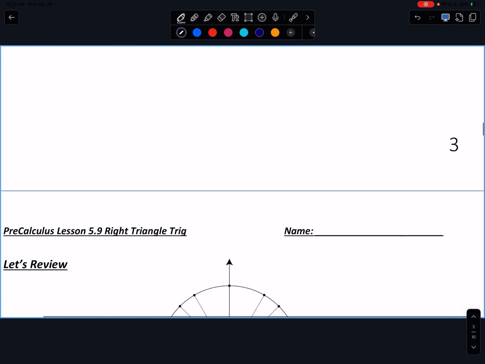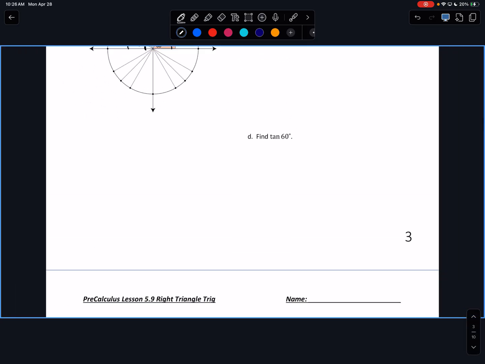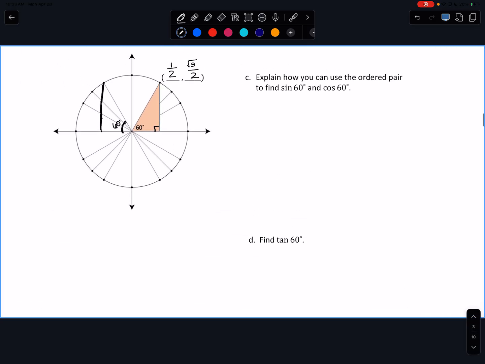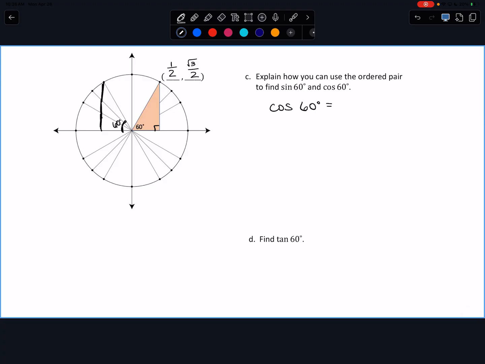All right, so find the tangent of 60. All right, so the cosine of 60 is what? The cosine of 60 degrees is what, y'all? 1/2. Good. So we all remember, because it's been a while since y'all did this, that cosine is the x-coordinate, right?